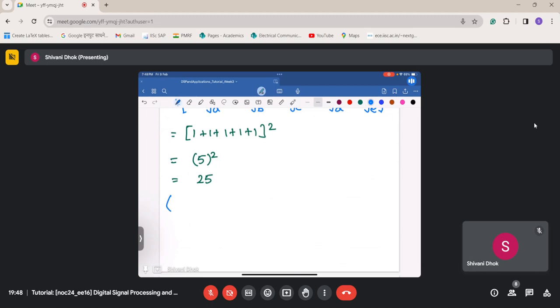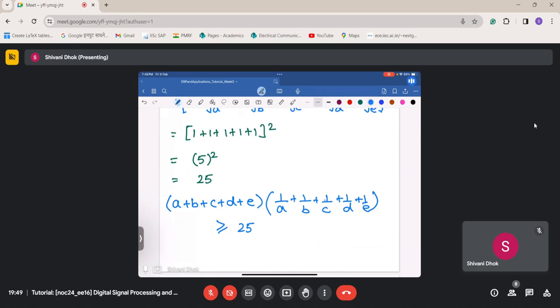So we found out that this quantity, (A plus B plus C plus D plus E) multiplied by (1 by A plus 1 by B plus 1 by C plus 1 by D plus 1 by E), is greater than or equal to 25. So this thing is at least equal to 25, and it has to be greater than or equal to.